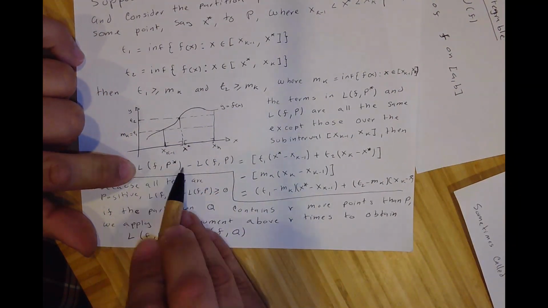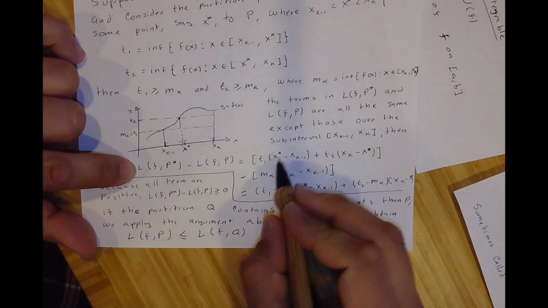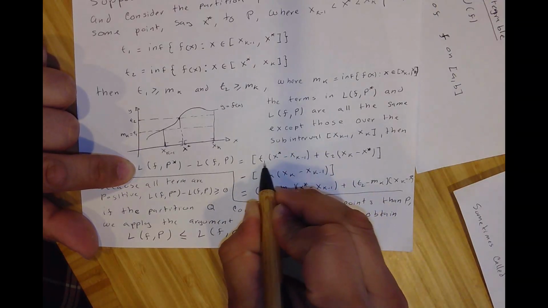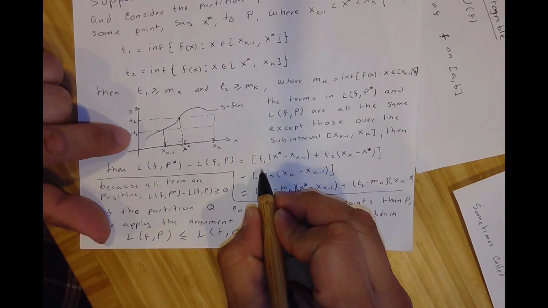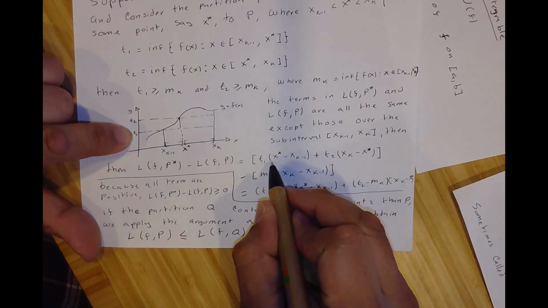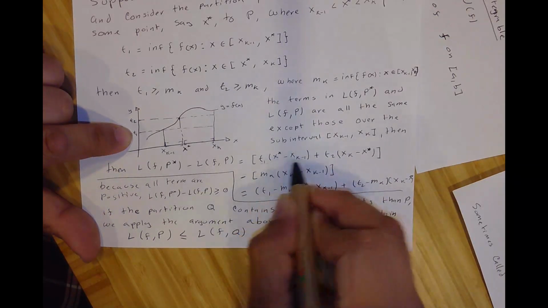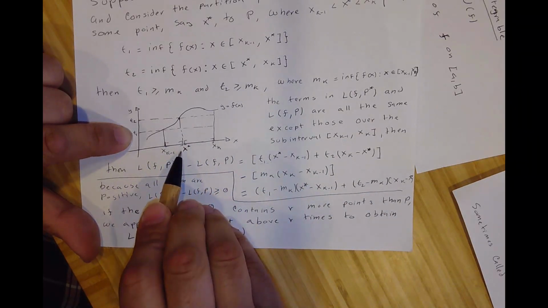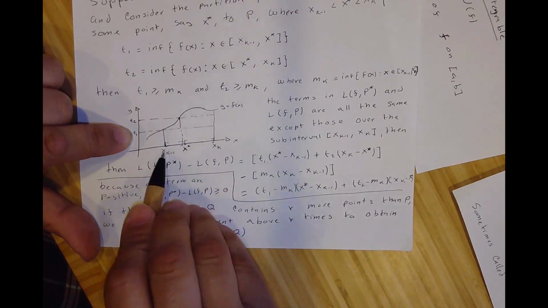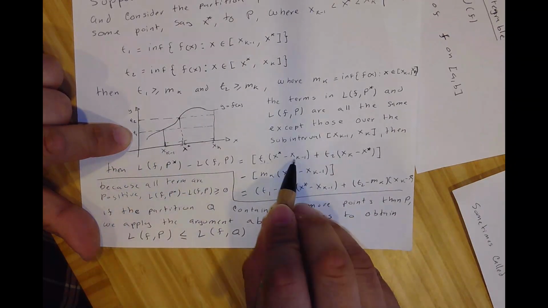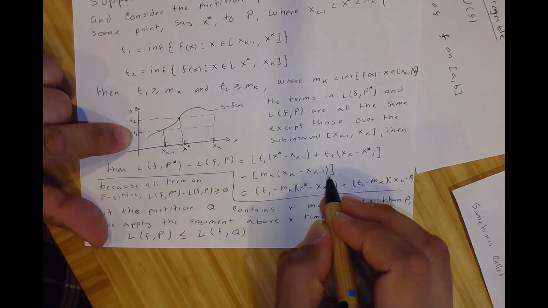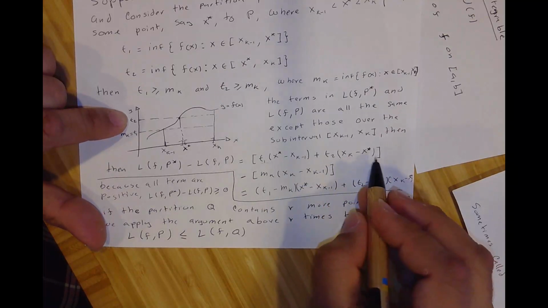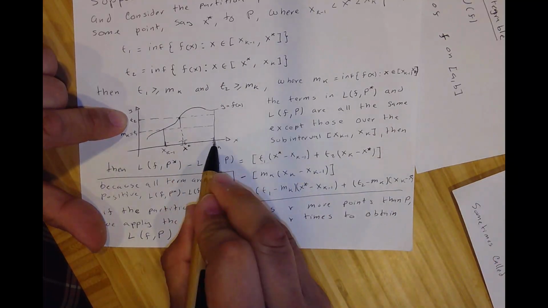For this term, we add the function value t1 multiplied by the distance of the interval, which is the greatest minus the smallest. Plus, again, the evaluation of the function multiplied by the distance between here and here.